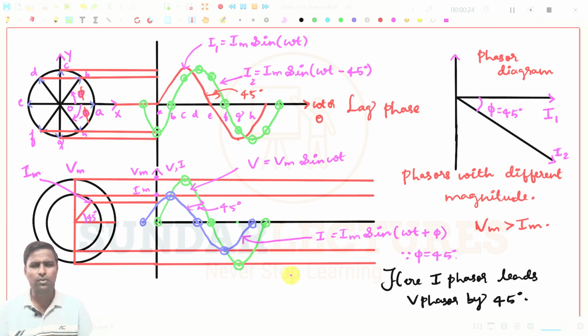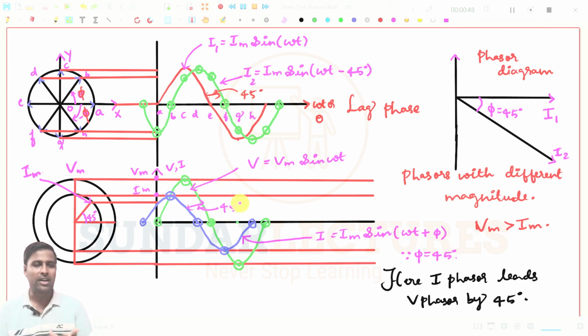You don't confuse yourself. We need to have two different maximum values. I have taken it for V and I have given it different names here. So you can easily understand this is the phasor with a different magnitude. All these in phase, lagging phase and leading phase, I've shown an example with the same magnitude, but I want to tell you that it can be a different magnitude.